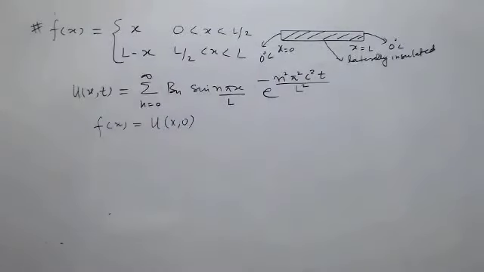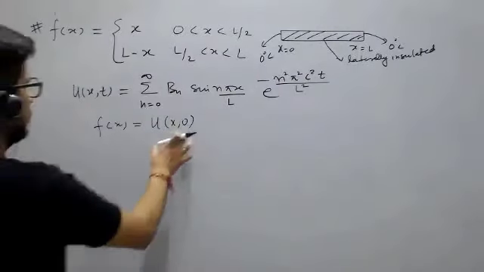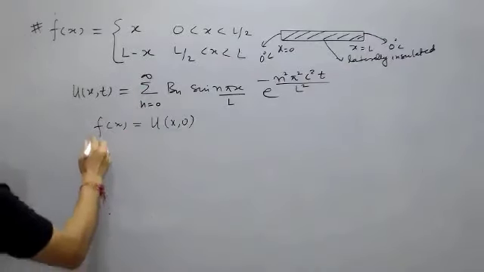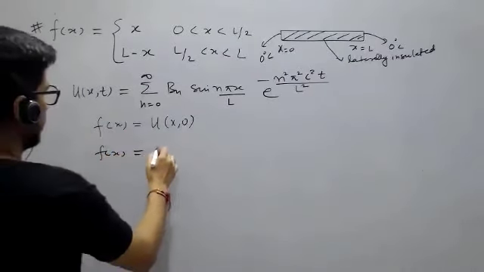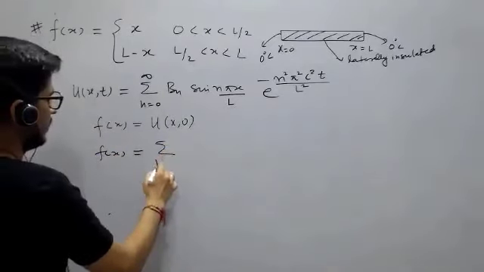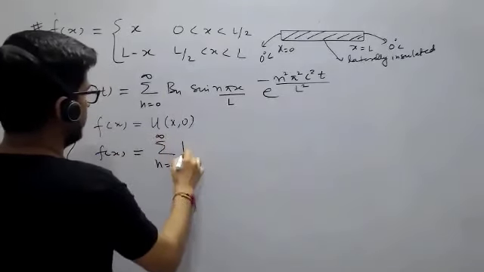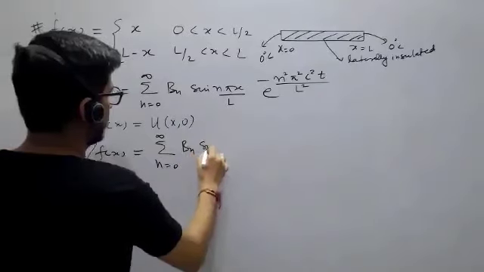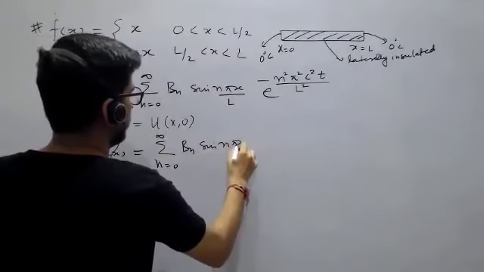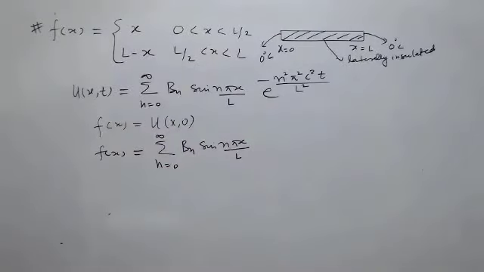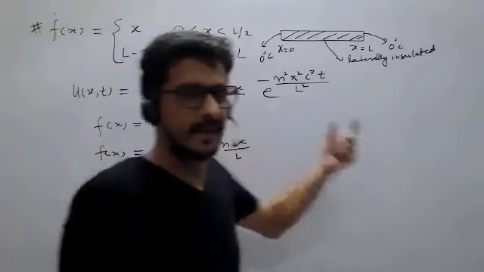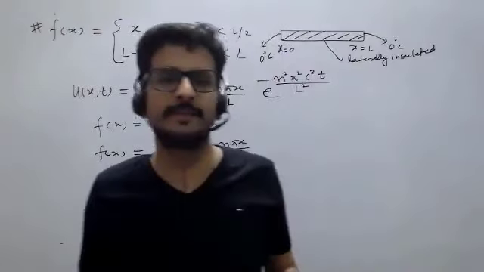Okay. So u(x,0) is given. So that is, f(x) is equal to summation n is equal to 0 to infinity b_n sine of n pi x by L, because t is equal to 0 means this thing will become 1. This thing will become 1.